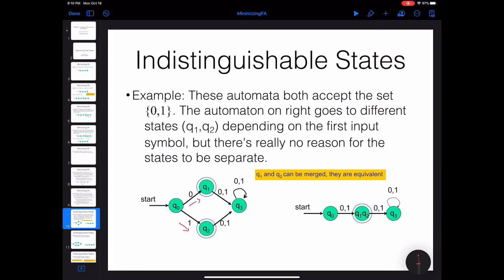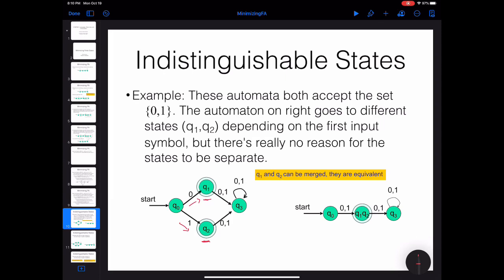So if you look at the states here, something is clear about these two states, Q1 and Q2. If I am at Q1, I'm in an accepting state. If I'm at Q2, I am in an accepting state. So one thing that I know about these two states is both of them are accepting states. I cannot, for example, combine two states where one of them is accepting and the other one is rejecting.